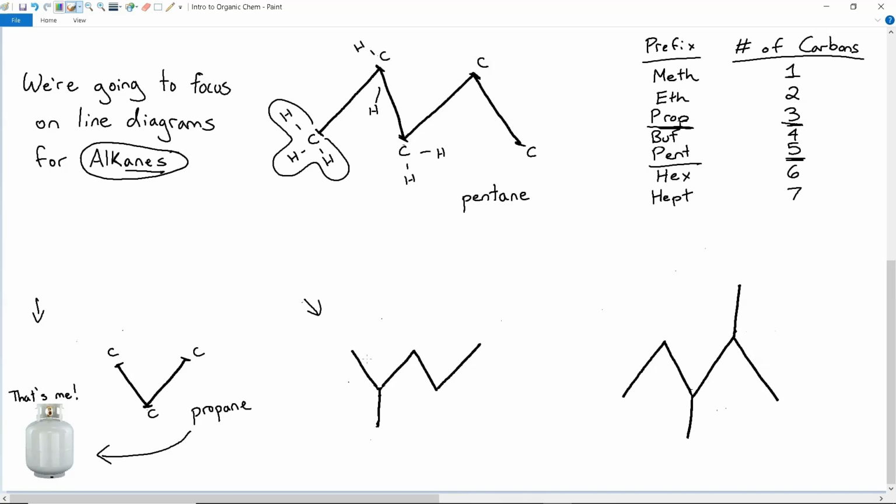Let's move on ahead to this one. If I were to count my carbon chain here, I could kind of count like this. So 1, 2, 3, 4, 5 carbons. But it looks like there's a weird branch sticking off of my second carbon.